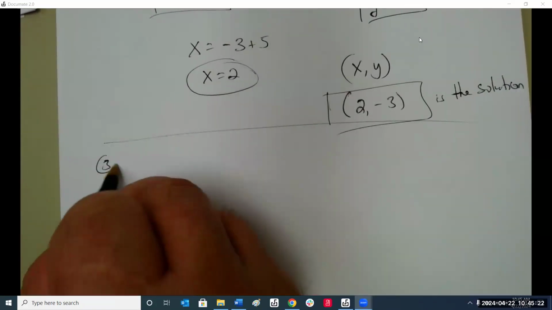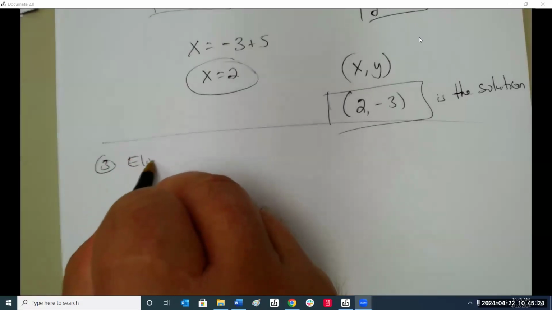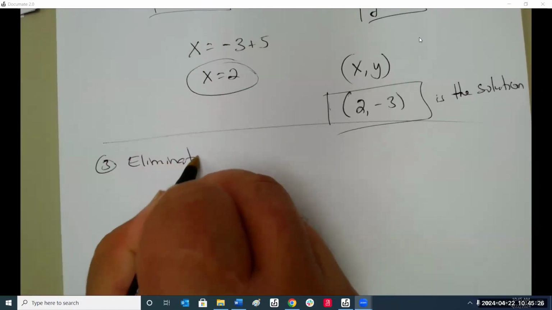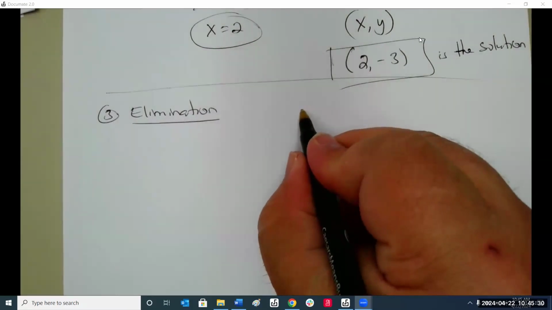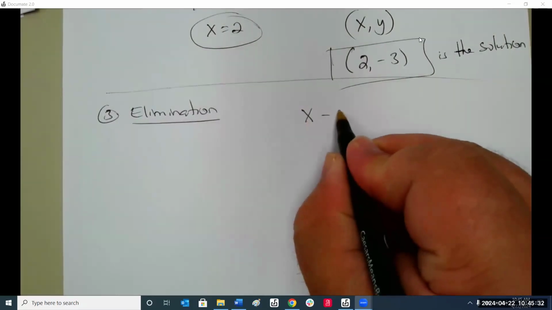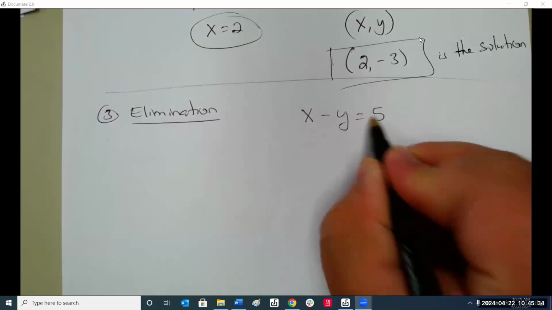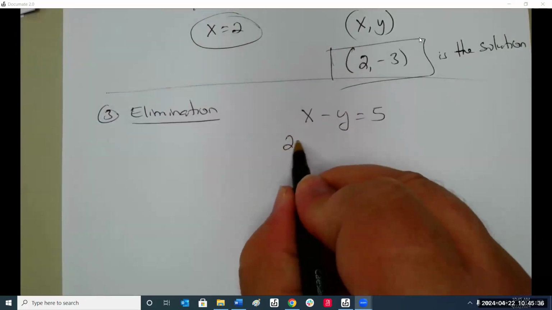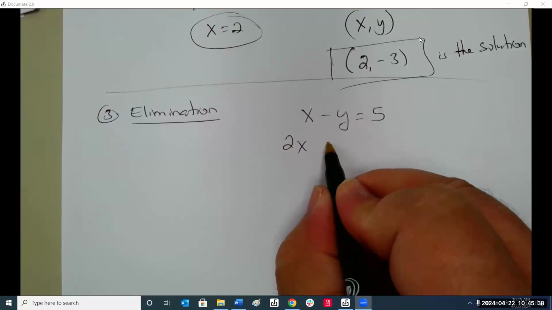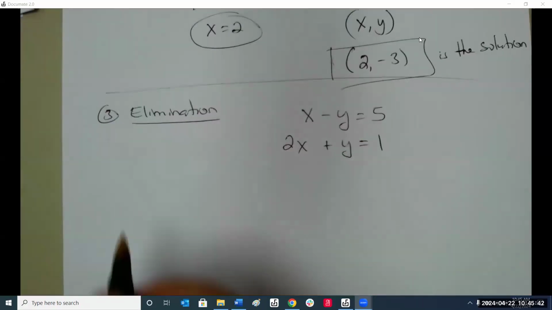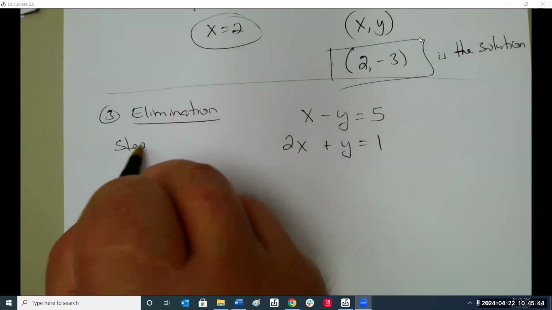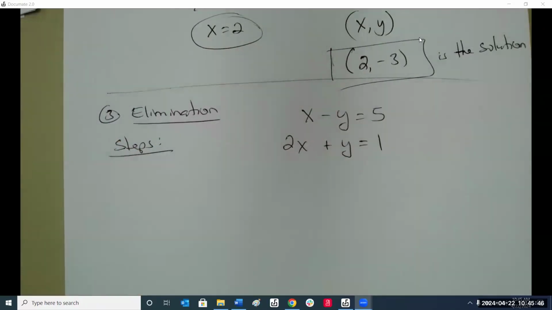The third method is elimination. So we have x minus y equals 5, and 2x plus y is equal to 1. And here are the steps.